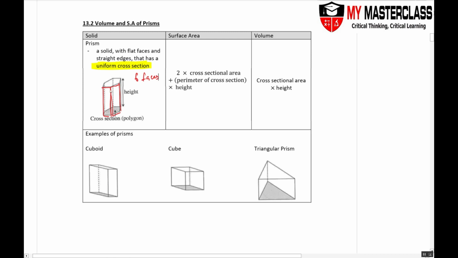Let's write it out to better visualize it. I have 6 times length times breadth, where the length is the height here. Let's make it easier to compare: instead of writing length, I'll write height. Then the breadth is essentially the side of the polygon here, so instead of writing B, maybe put S.